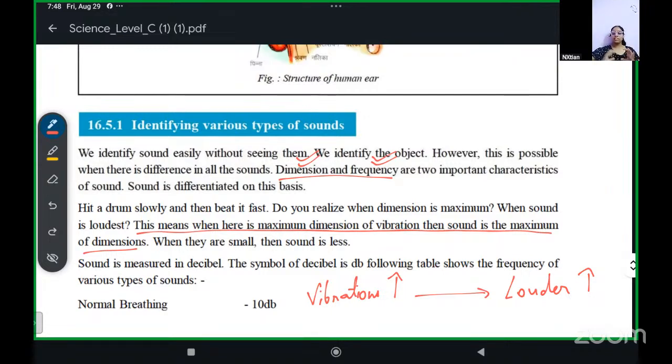This dimension of vibration is directly related with the volume of the sound, whether it would be a loud sound or a soft sound.